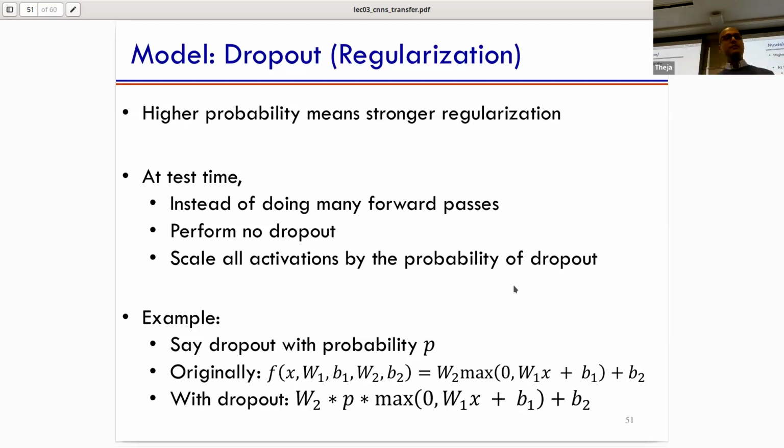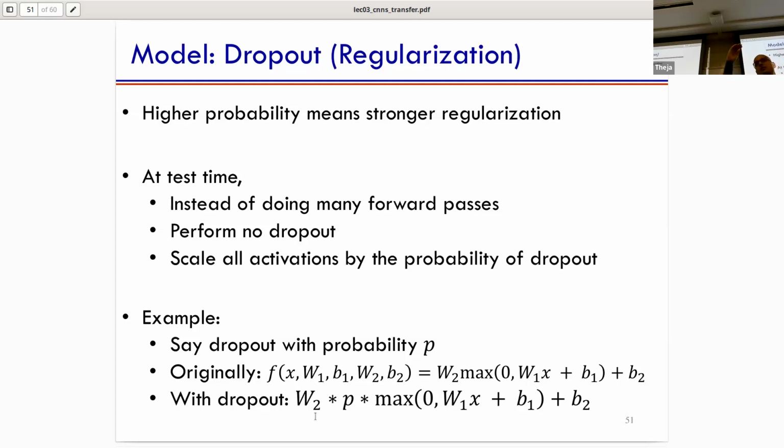Then with dropout, at test time, what we need to do is introduce the p parameter. When we do W1 x plus B, max of that, we get the activation for all the neurons. All the neurons are there. Instead of explicitly dropping out with some random probability, we just scale that whole vector with a fixed parameter p.